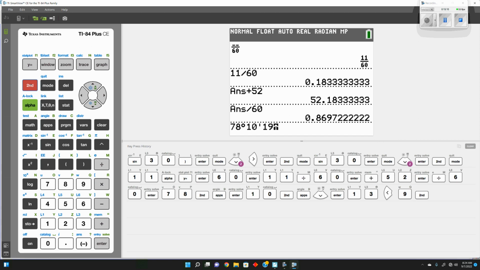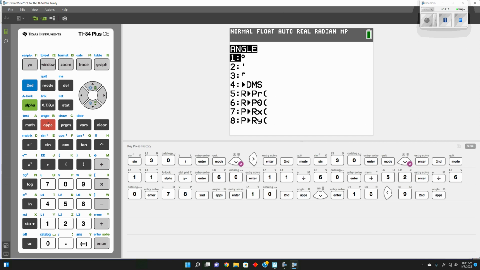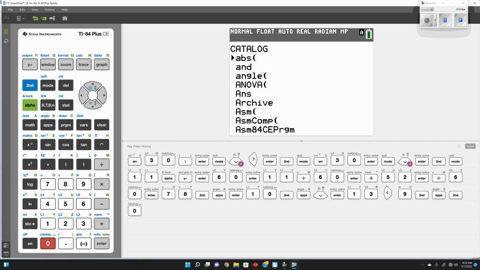And if I look at second angle, I don't have seconds. I have degrees and minutes, yes? They're there, but I have to go to something called the catalog. So second 0, where it says catalog, this is pretty much the yellow pages of this calculator. Everything that it can possibly do is listed in the catalog.